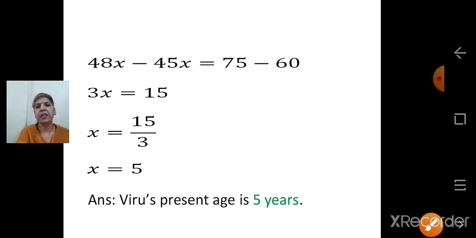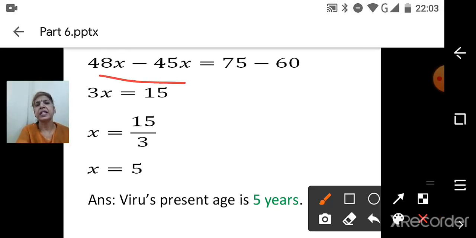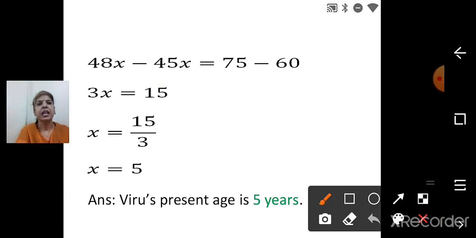Now simplifying, 48x minus 45x, because 45x has come to the other side of the equality, is equal to 75 minus 60. Now what is 48x minus 45x? Answer is 3x. And 75 minus 60 is 15. So 3x is equal to 15.